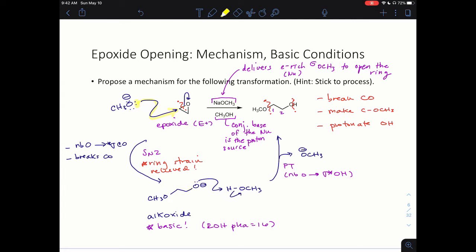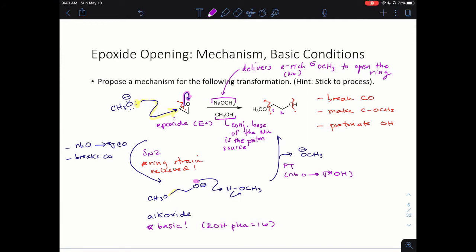So the yellow electrons, those made the carbon-oxygen bond. The electrons in this bond, they end up as a lone pair on oxygen. That generates the alkoxide. Again, the alkoxide is a poor leaving group, but the ring strain was relieved in the three-membered ring. So that was the driving force for this step.